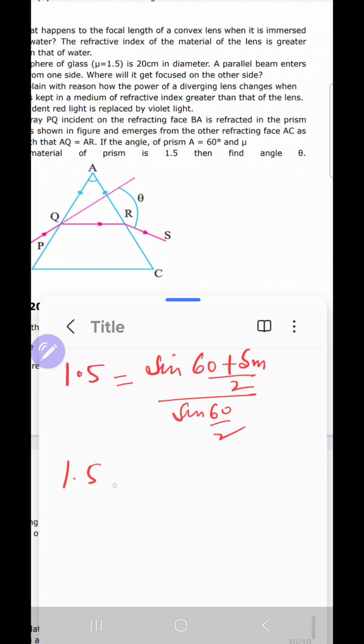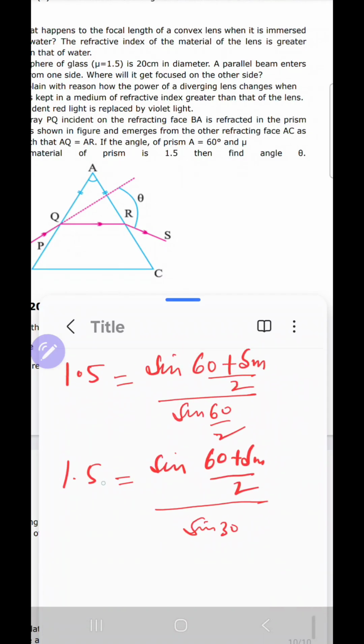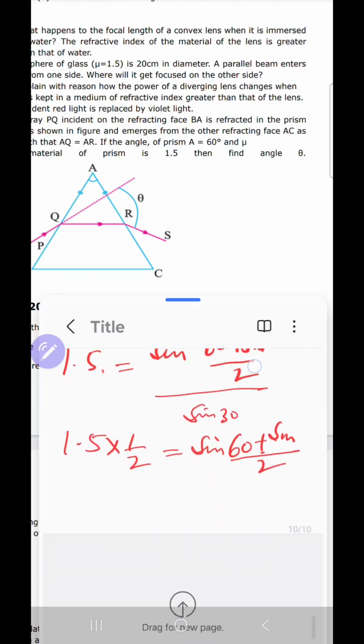So this would be 1.5, sine 60 over 2 would become sine 30 here. Sine 30 is 1 by 2, so you would get 1 by 2 here. I am writing 1.5 into 1 by 2. So this is sine of (60 plus delta m) by 2.